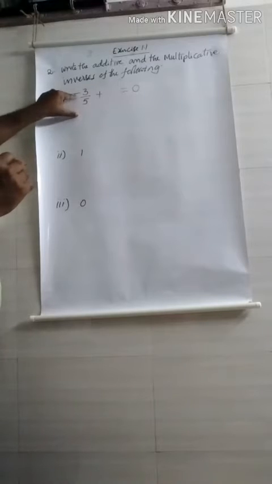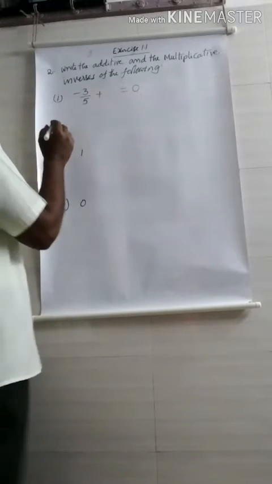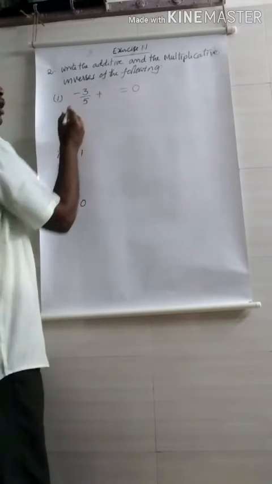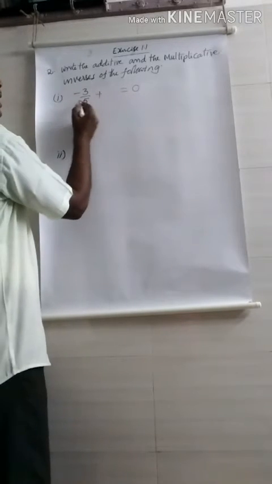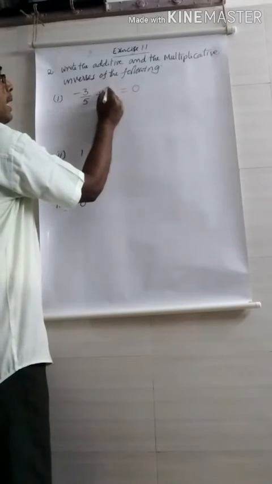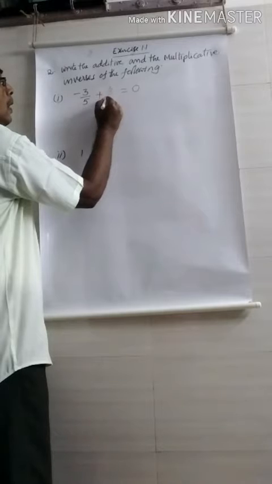You simply change the sign of the given one and add it. In the given rational number, if there is a minus, write plus; if there is plus, write minus. Here what is there? Minus. So you write simply +3/5.